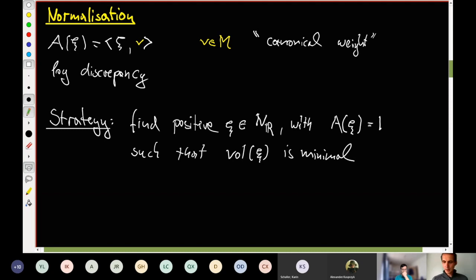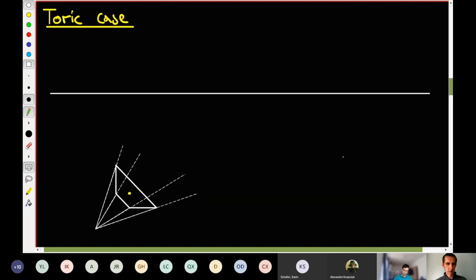Okay, so this is our strategy, and maybe we want to see how this strategy works in an example. Okay, and now I'm going to move to the toric case. So our setting is now as follows. We fix a rational polyhedral, pointed, and so on, cone in M_R.